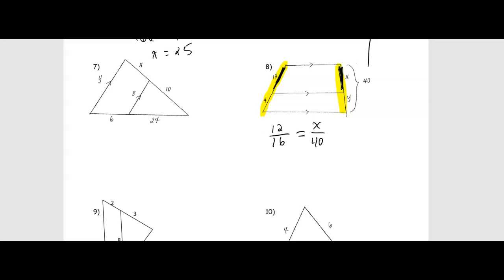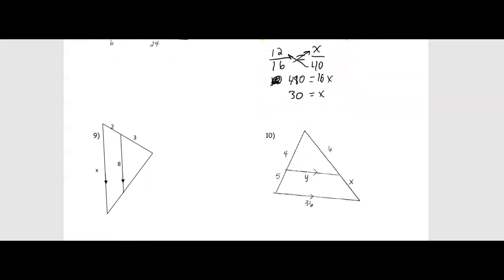All right, so now this one, as we solve it, you're going to crisscross. So the 12 times the 40 is what, 480, and then the 16 times x is 16x. Divide by your 16. Just make sure here, should be 30. Yes. And then once we know that this is 30, if the whole thing is 40, we would know that y would have to be a 10. All right. So that's how you can do those.